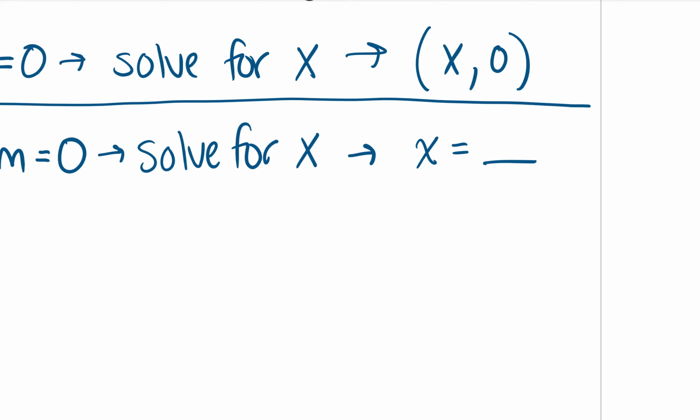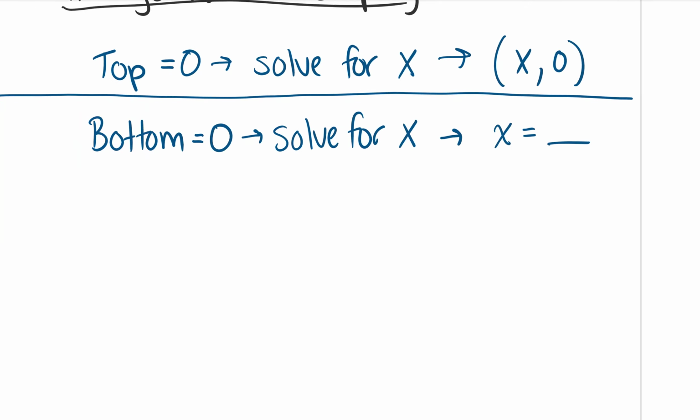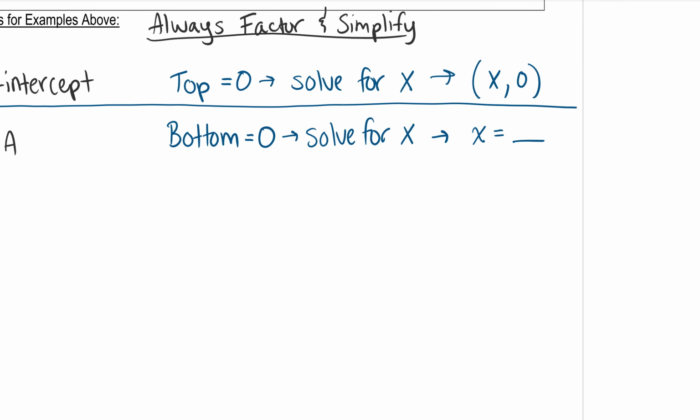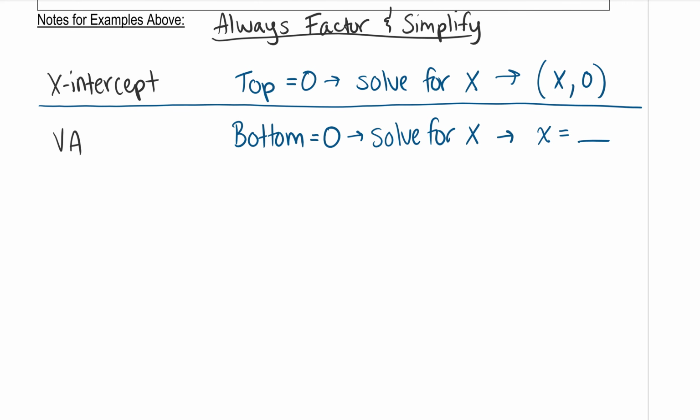That's it. I'm not going to say it's always positive or always negative. It's just X equals whatever you get. Okay? So that's it for vertical asymptote. So we can draw a line.